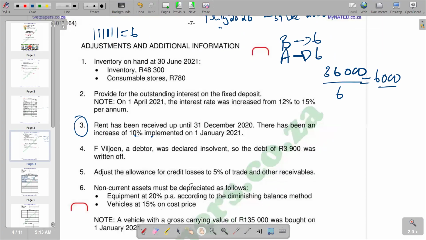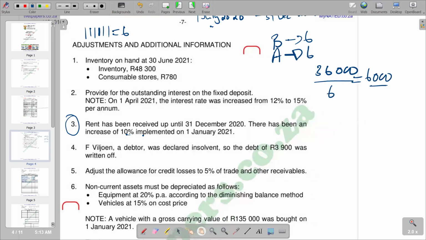So rent after the increase per month is going to be 6,000 times, remember, we are supposed to say before the increase of 10%, we add 10%, it becomes 110%. And then we make it a decimal, we divide by 100, it becomes 1.10. So you are going to multiply by 1.10 to get the amount after the increase. So we can just calculate from there.